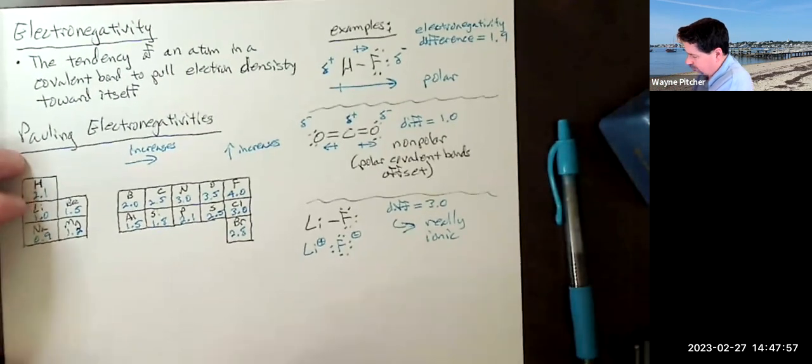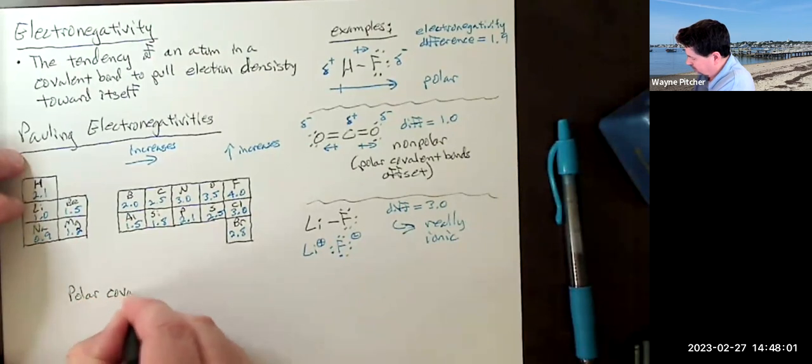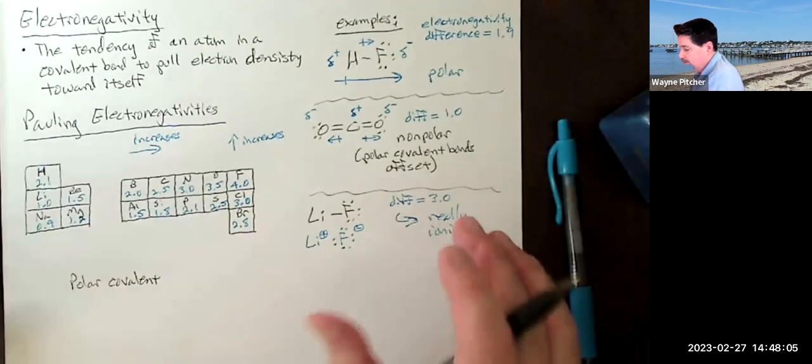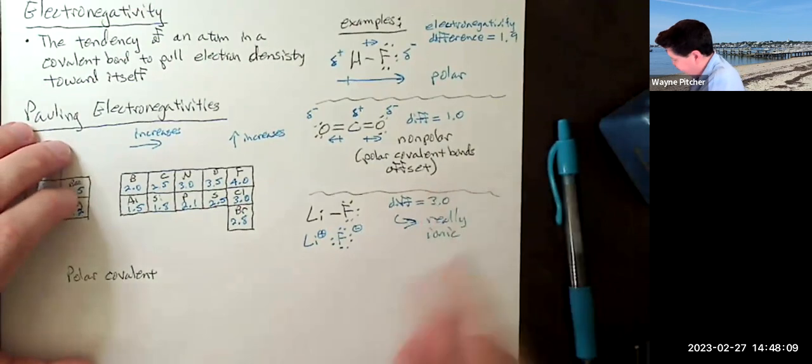So long story short, polar covalent bonds are one thing that's necessary to get polar molecules, but they have to be combined with the correct geometry.